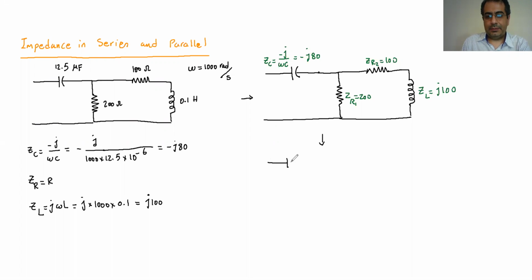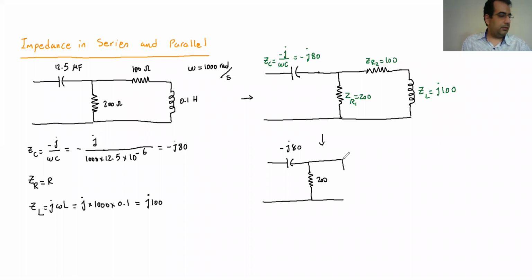I have the capacitance up here, that negative J80. Then I have this resistance here, which is going to be 200. And then I have these two in series, so I'm going to simply add them together.